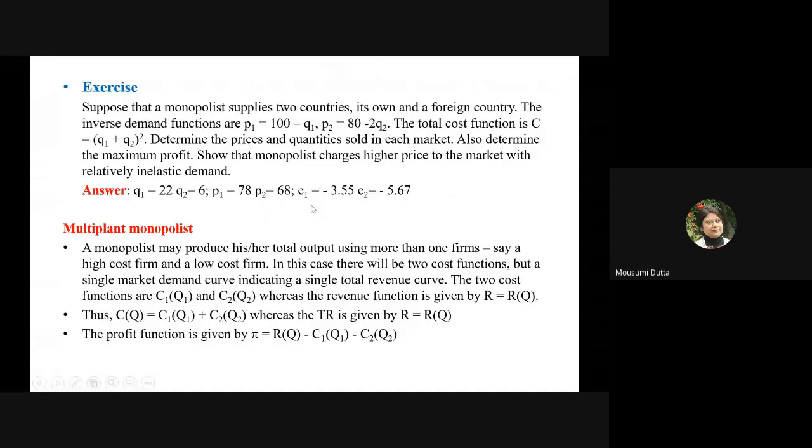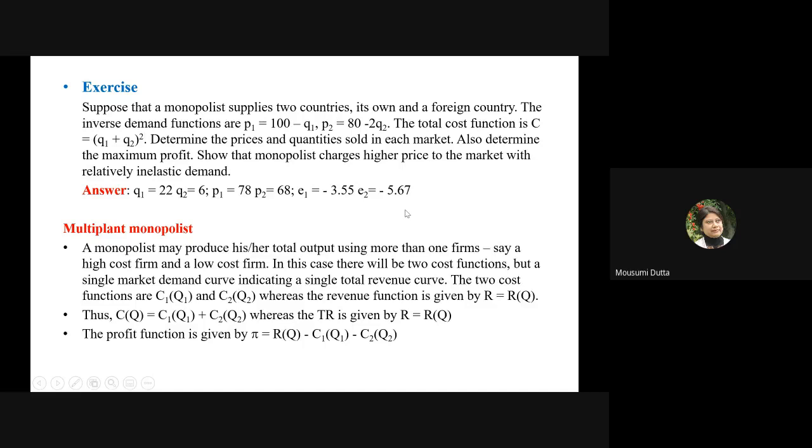Once we derive the values of E1 and E2, we will be able to determine the market power. In the first market, it will be given by minus 1 by minus 3.55, or simply 1 by 3.55. And in market 2, it will be 1 by 5.67. So you will be able to find the market power in each market.